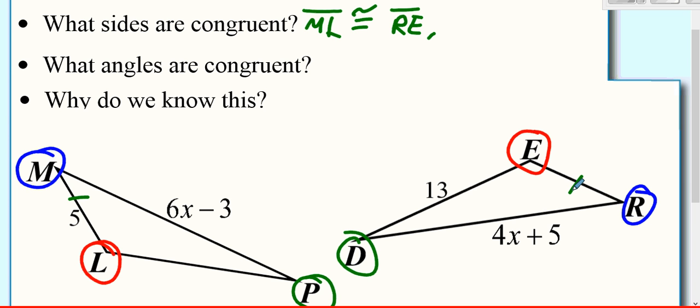Those sides are congruent. Then we can pick another side. How about MP? Blue-green is going to be congruent to blue-green. We want blue, then green, so we've got to go blue, then green. R, and then D.